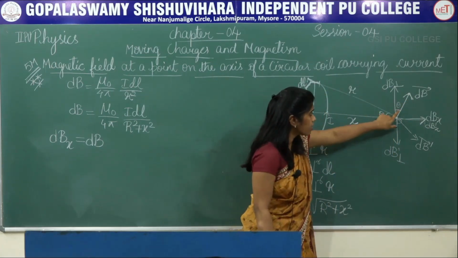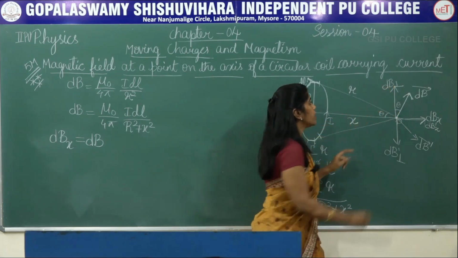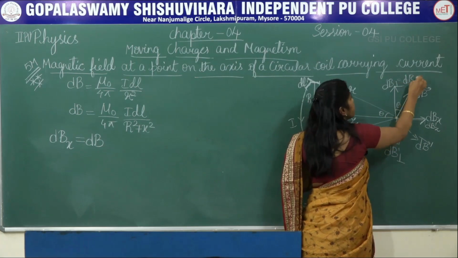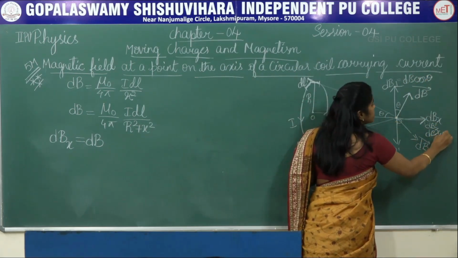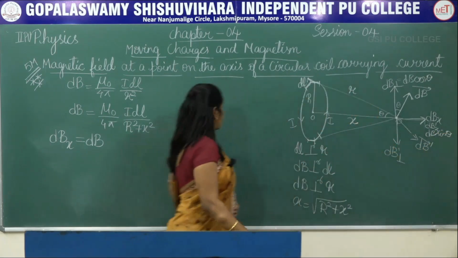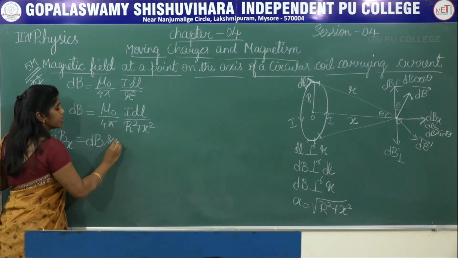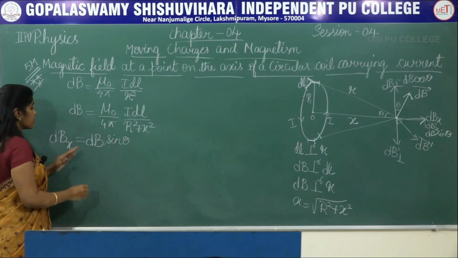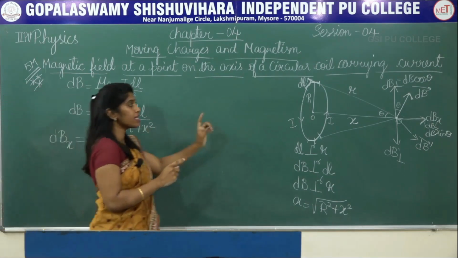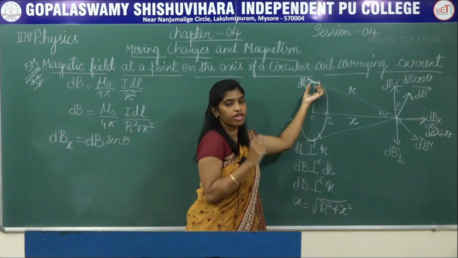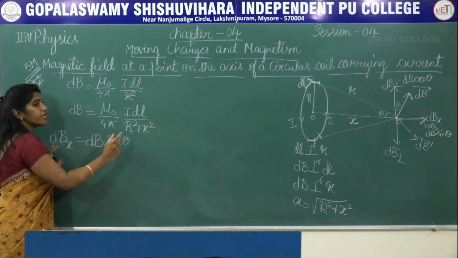Then this perpendicular component is nothing but dB cos theta, and the parallel component is dB sin theta. From that, dBx is nothing but dB sin theta. Now, this is the component of only a single current element.